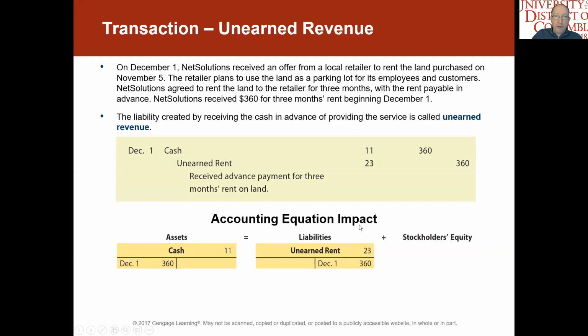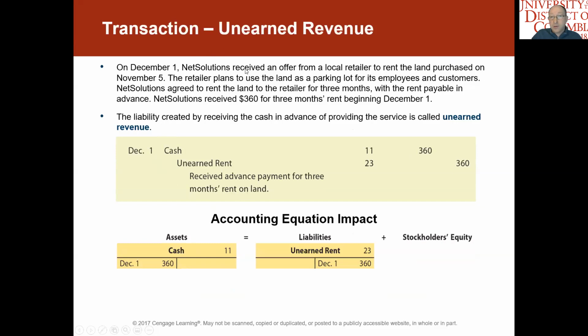What about unearned revenue? That means our customer paid us, but we have not yet provided the service or the selling of the good. So in this example, on December 1st, we received an offer from a local retailer to rent land purchased on November 5th.